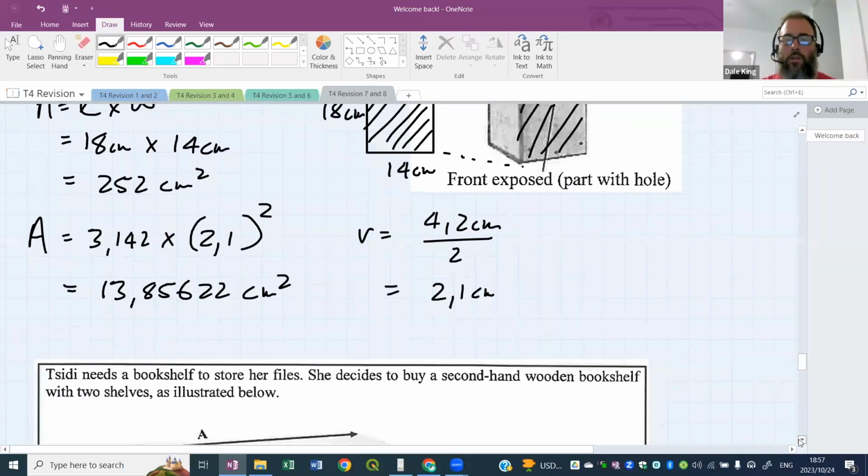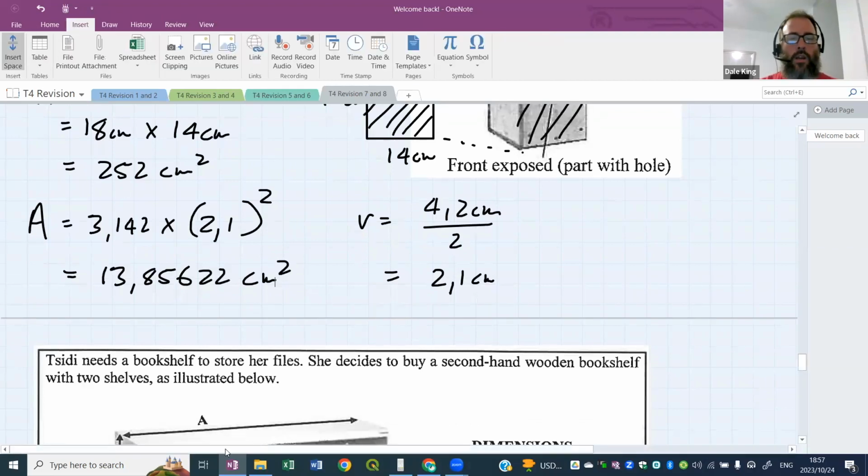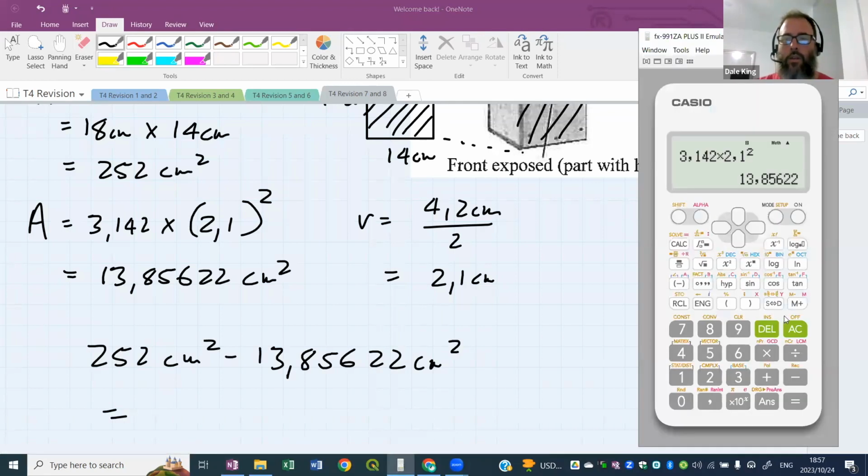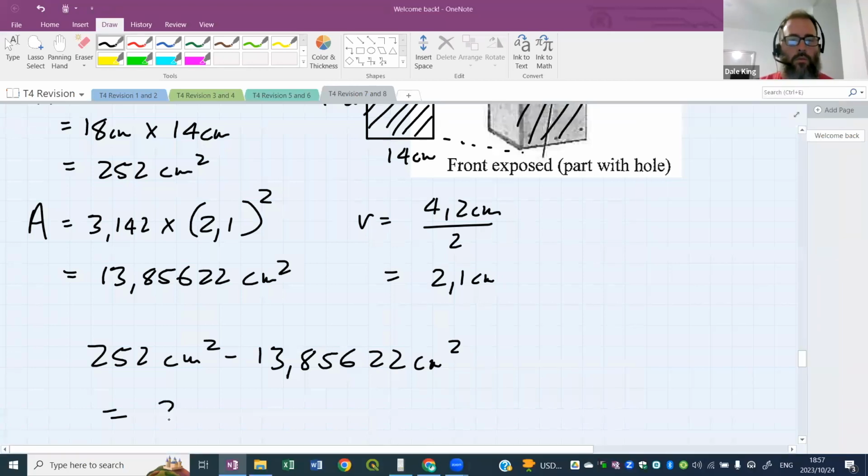We've got the two areas of those two shapes. All we have to do now is subtract them. So I'm going to move down and create some more space here. We're going to subtract the two: 252 minus 13,85622 gives 238,14378 centimeters squared.